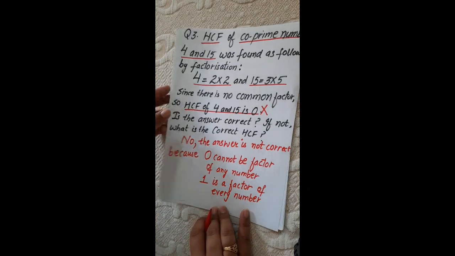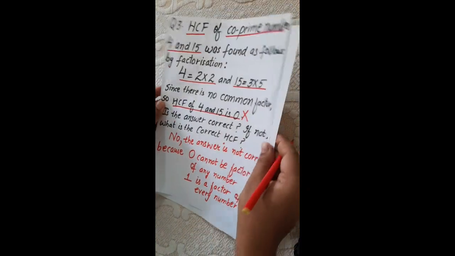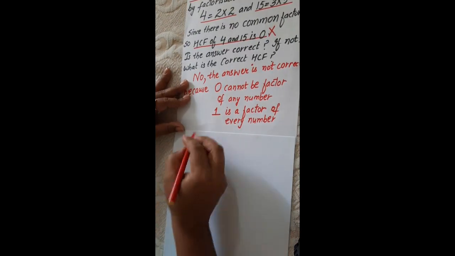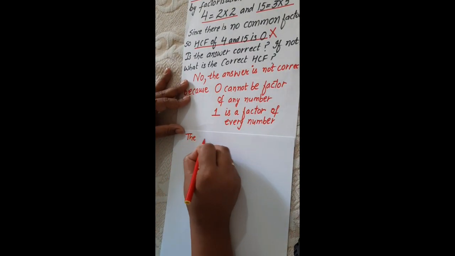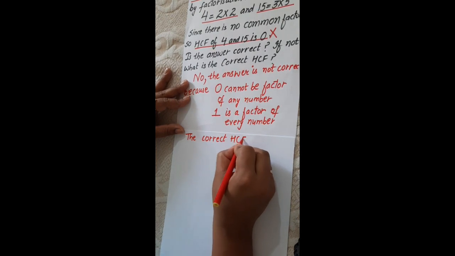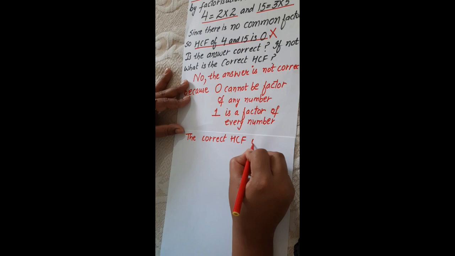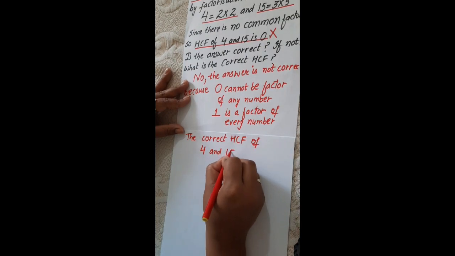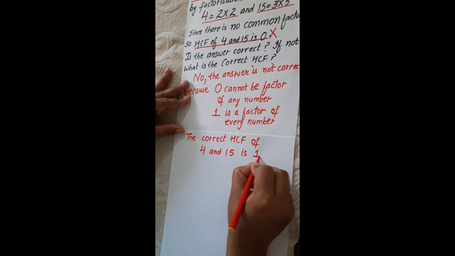So this is the incorrect statement. So here I will write the correct HCF of 4 and 15 is 1.